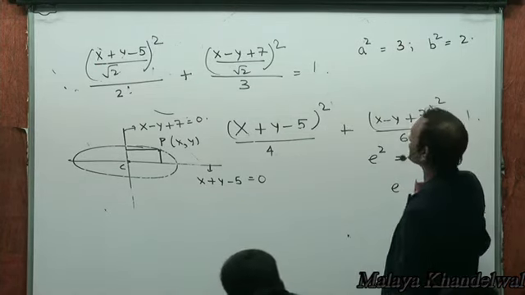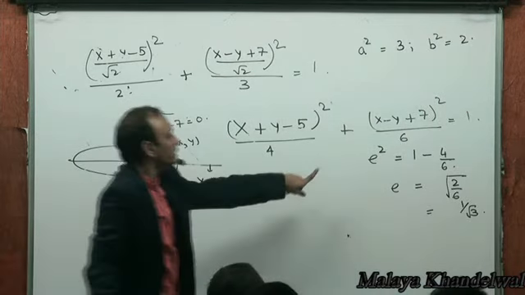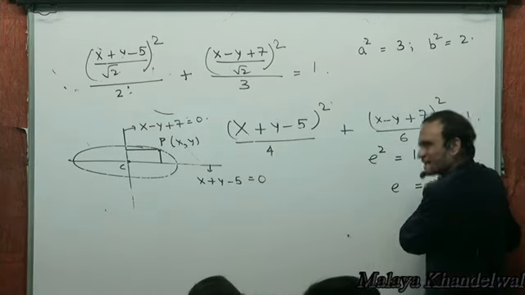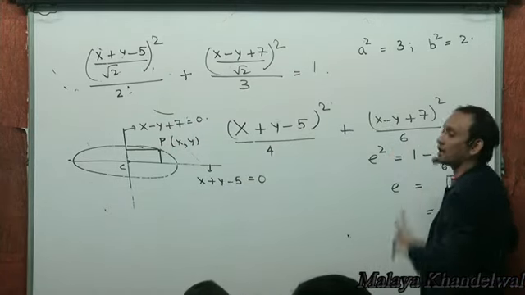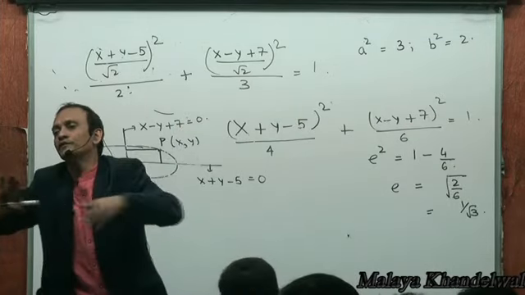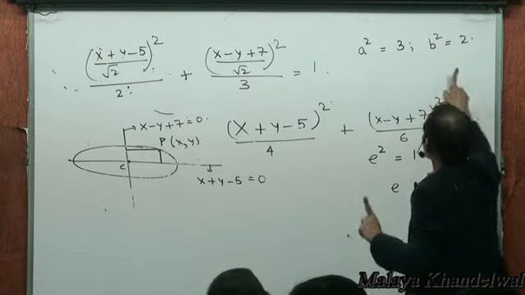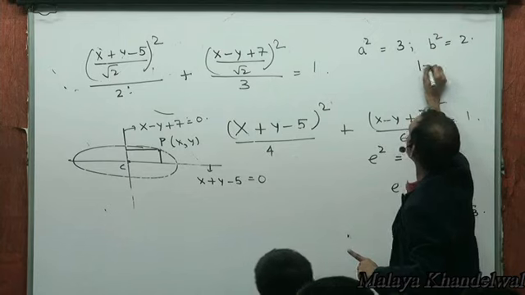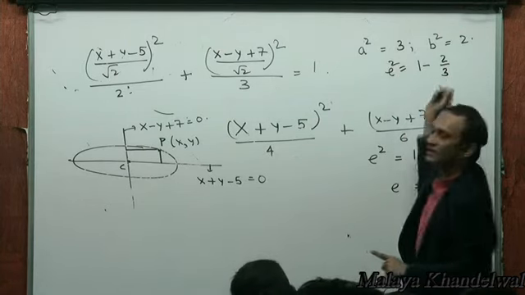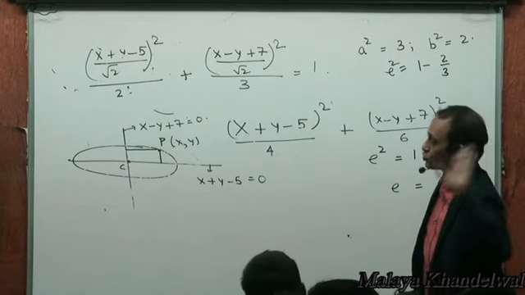Now in this case it didn't make a difference because the factor 2 cancelled off. Even though I computed 1 minus b²/a² this way, it was technically incorrect but didn't give me a wrong answer, because the factor 2 was common. When I divided, the factor 2 got cancelled. But realistically, it should be looked upon as 1 minus 2 by 3 as e², which will give me e equal to 1 by root 3 as we had got earlier. So far so good, right?